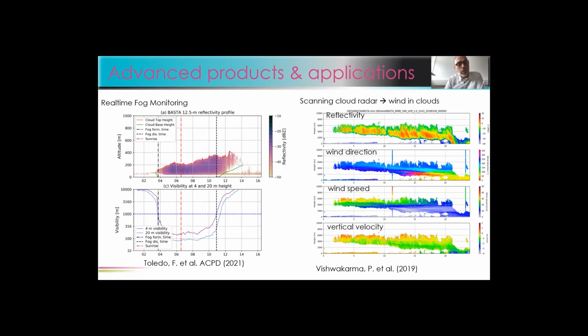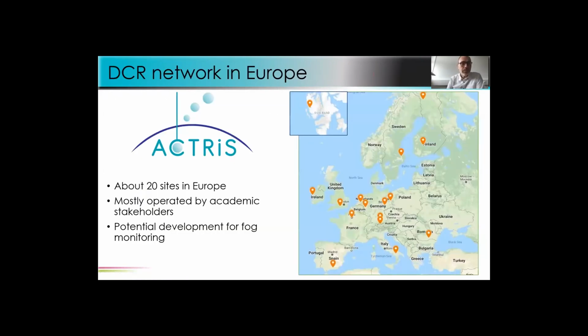And in particular, we can infer the evolution of the fog top height, which is an interesting indicator for fog dissipation. Also, when we have scanning cloud radars, then in addition to reflectivity and vertical velocity, we can infer some information about the wind inside the clouds, wind speed and direction, and for instance, retrieve wind shear, an important factor in some cloud situations.